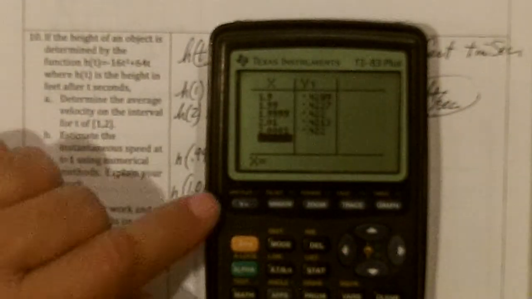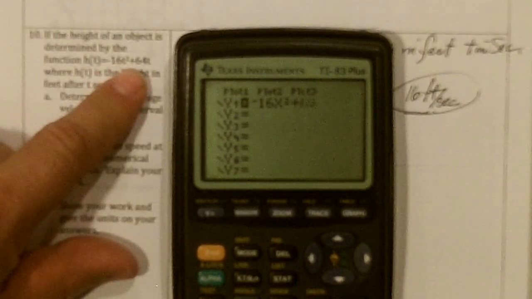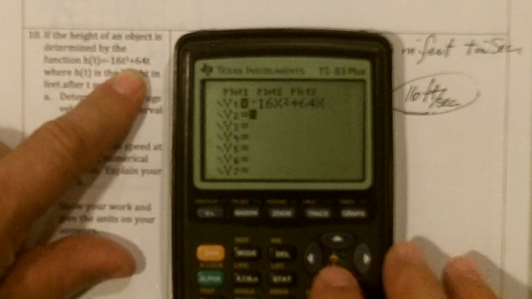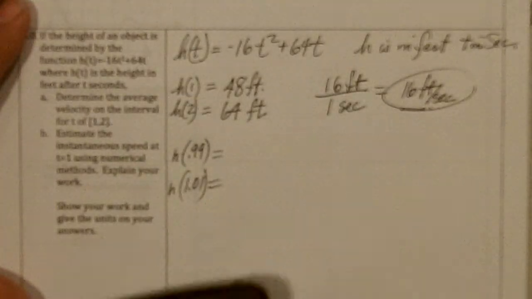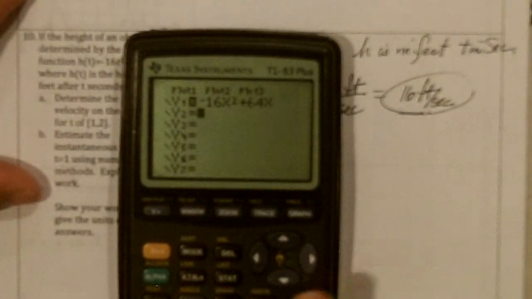So I'm going to turn on my calculator. I'm going to do y equal. I'm going to clear that equation and put in negative 16x squared plus 64x. And then in y2, I'm going to do the slope. So I'm going to figure out the slope between 1 and a little bit past 1 or a little bit before.